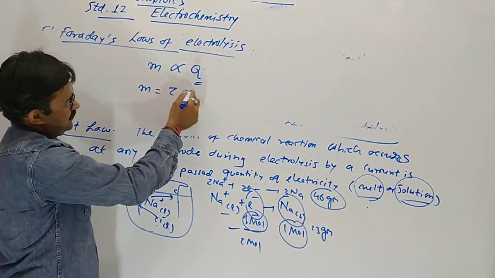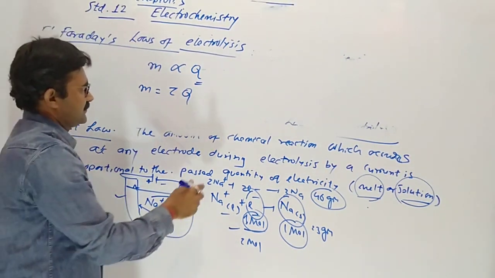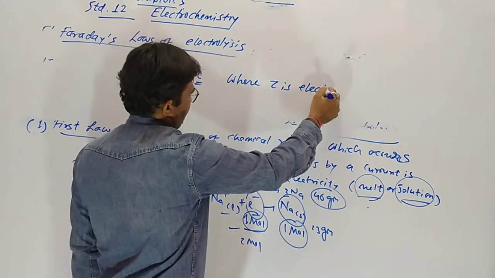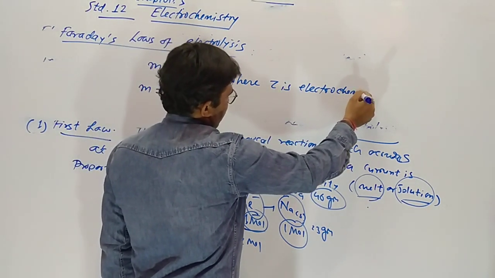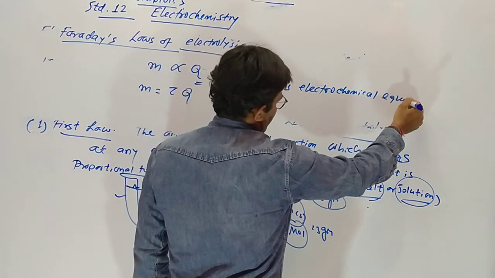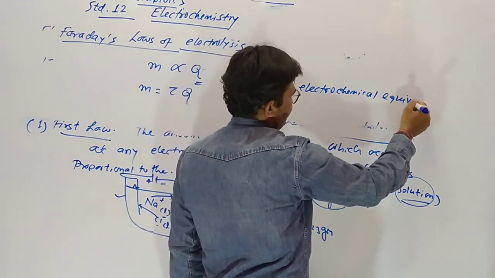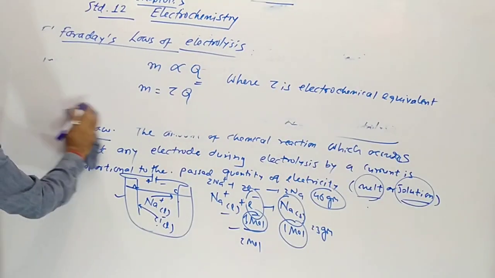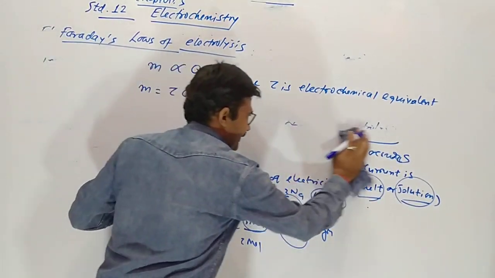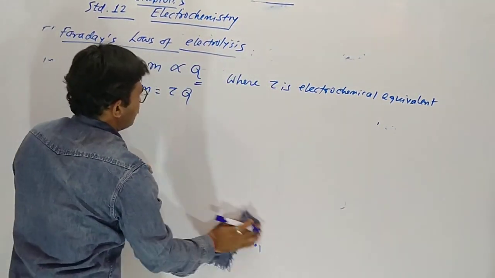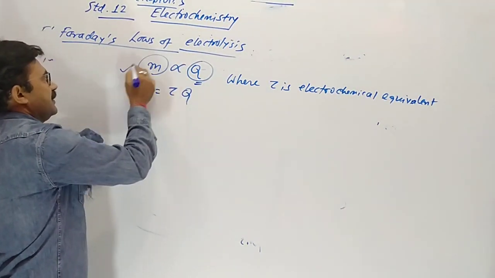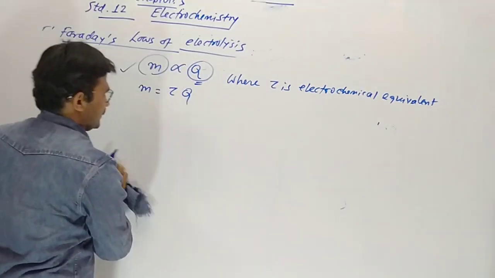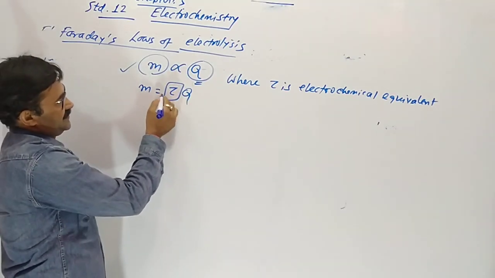So M is equal to Z into Q, where Z is the electrochemical equivalent. Based on how much current we pass, we get our product at the anode or cathode. Z is a constant.